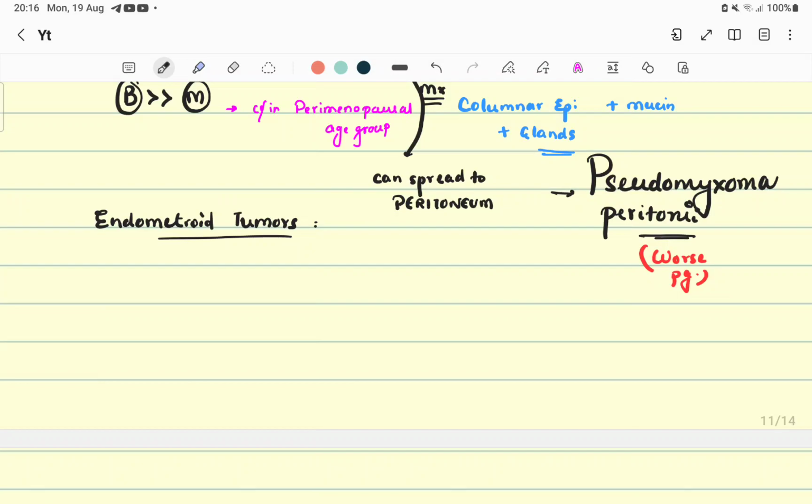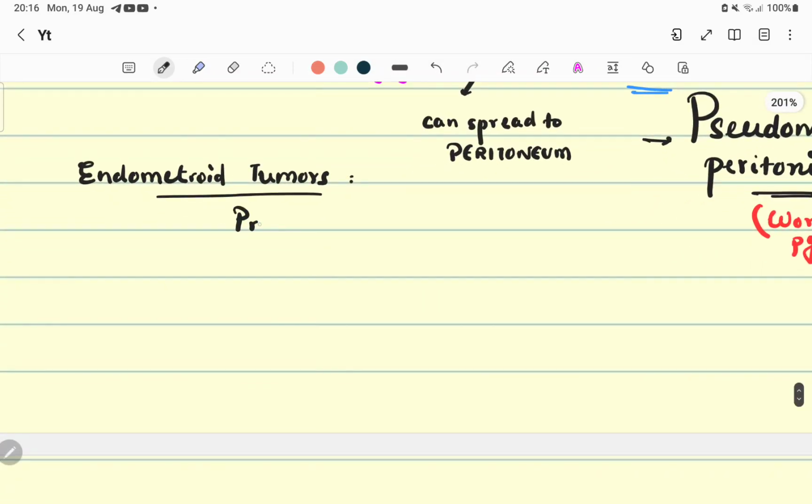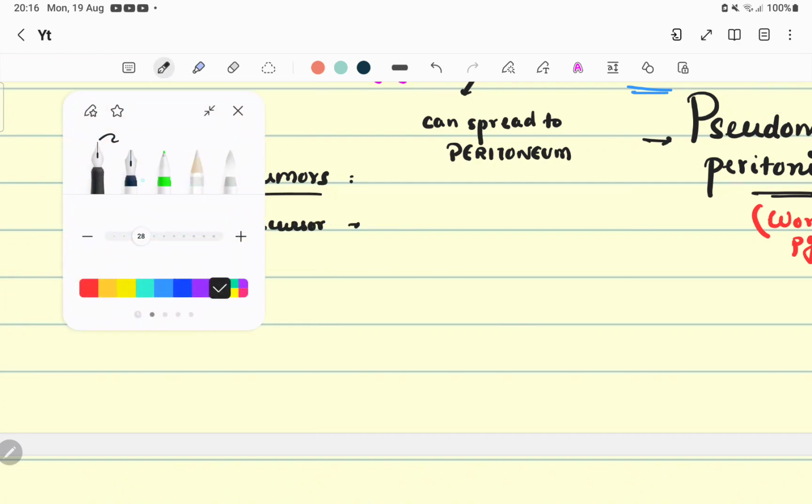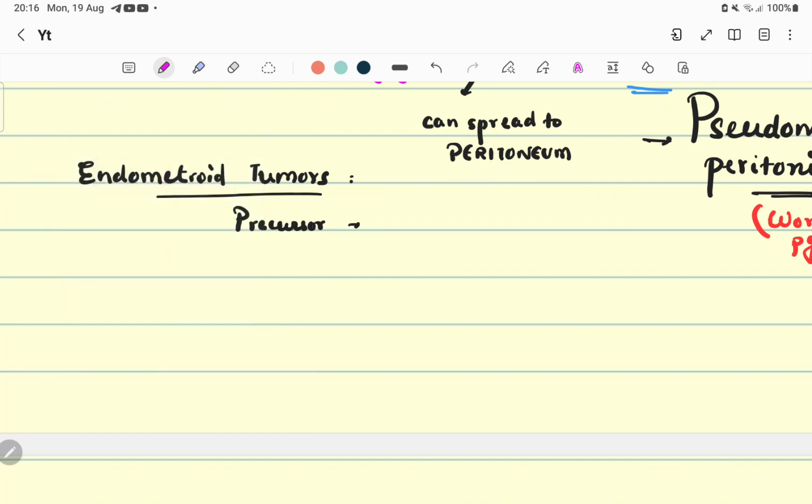Endometrioid tumor. So what is the precursor lesion here? Every tumor has a precursor lesion, so we have an important precursor here. The precursor is said to be ovarian endometriosis. You know about endometriosis, right?